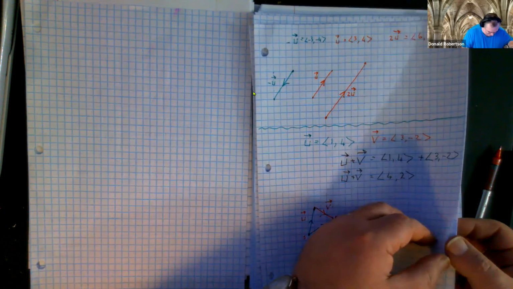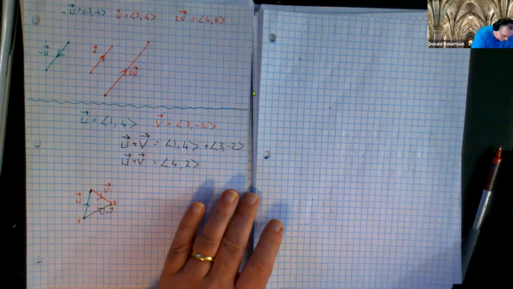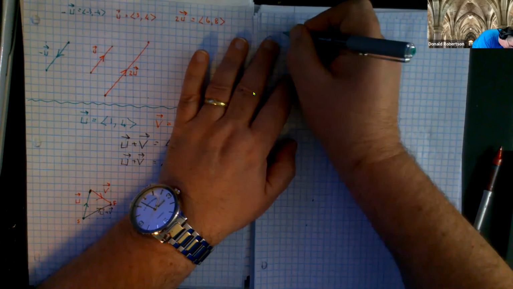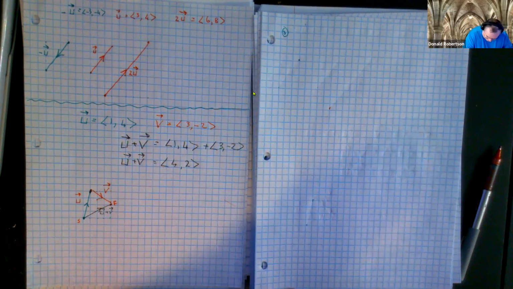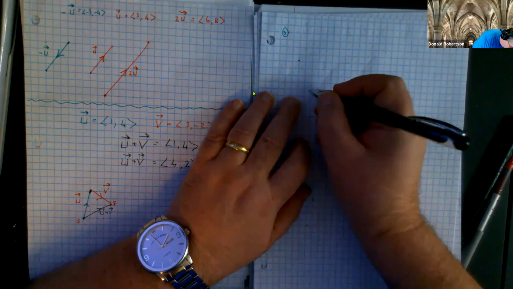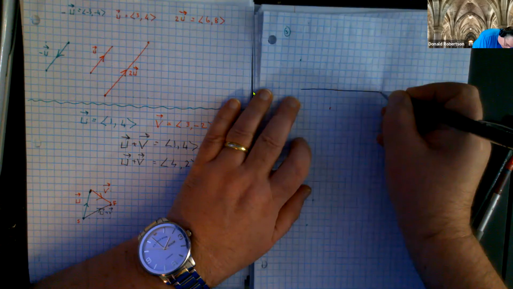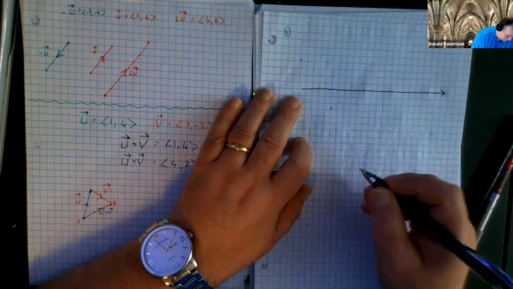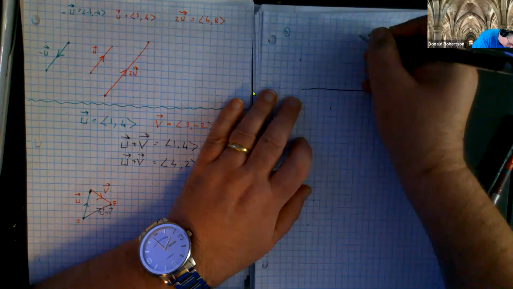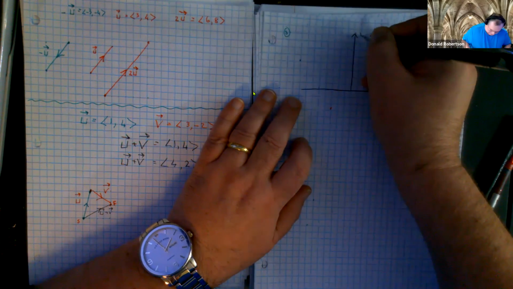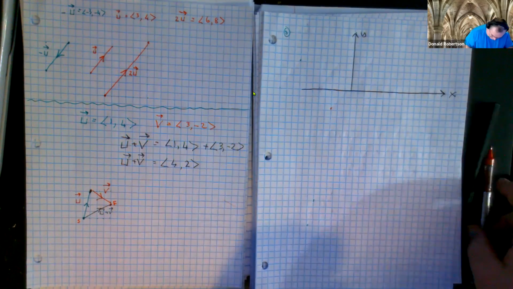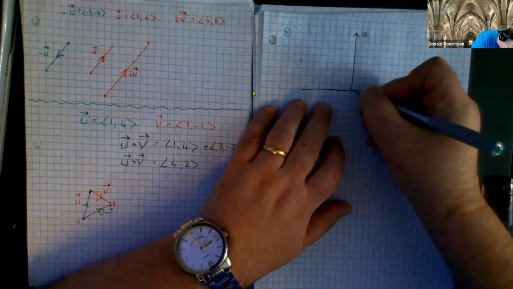Question 3 in the homework is a little bit different from the typical question. You've got a vector. I better put my axes in. Not that you really need axes for vectors, but sometimes they're helpful. The x-axis is going here, and the y-axis going here. And I have two vectors. I've got a vector u, which is going this way.